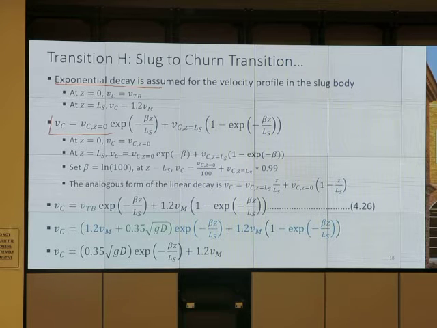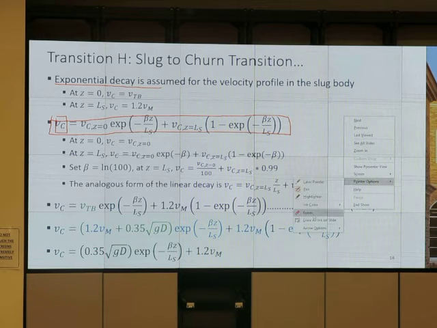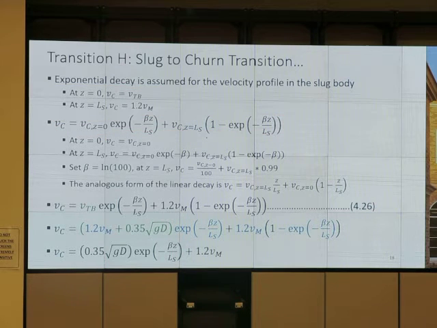Look at this equation. We see centerline velocity is a kind of linear combination: we have this term multiplied by some ratio, and this term multiplied by another ratio.